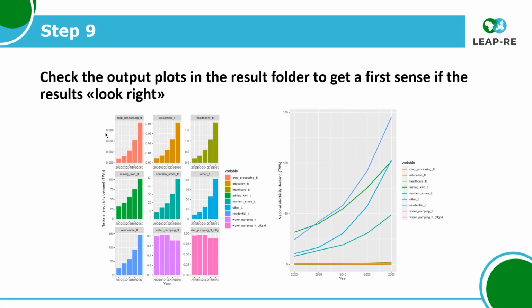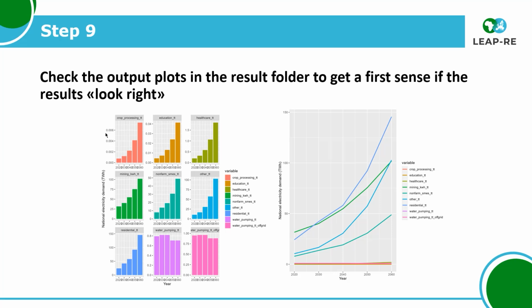A good idea, if the code succeeds, is to check, first of all, the results folder and this summary result to get a first sense if the results look right. If we did everything right, the results should look quite logical.